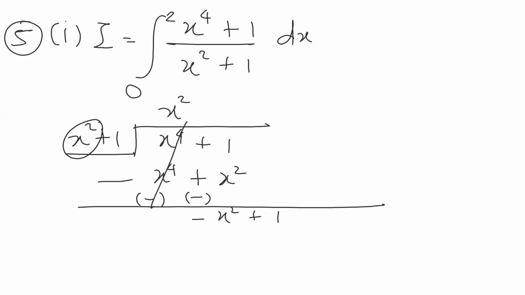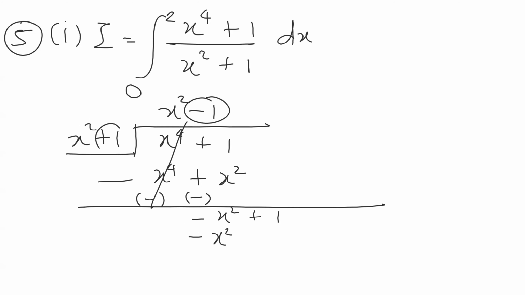X square multiplied by which term will give you minus x square, guys? Waiting for your answer. Minus 1. Correct. It's minus 1. Perfect. So it is minus x square.